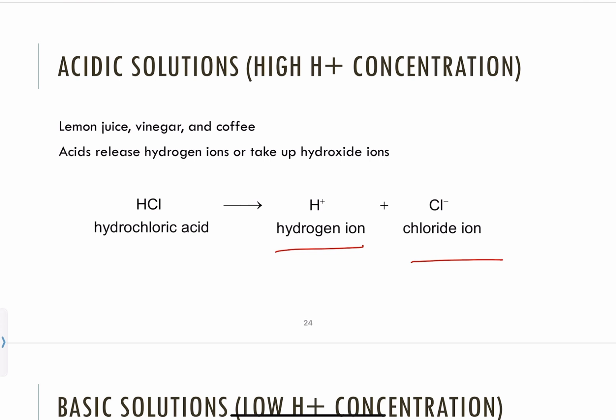This results in a solution with a higher concentration of hydrogen ions and therefore a lower pH, meaning that it's more acidic. Everyday acidic substances include lemon juice, vinegar, and coffee. While they might taste sour, chemically they are all doing the same thing, which is increasing the concentration of hydrogen ions in solution.